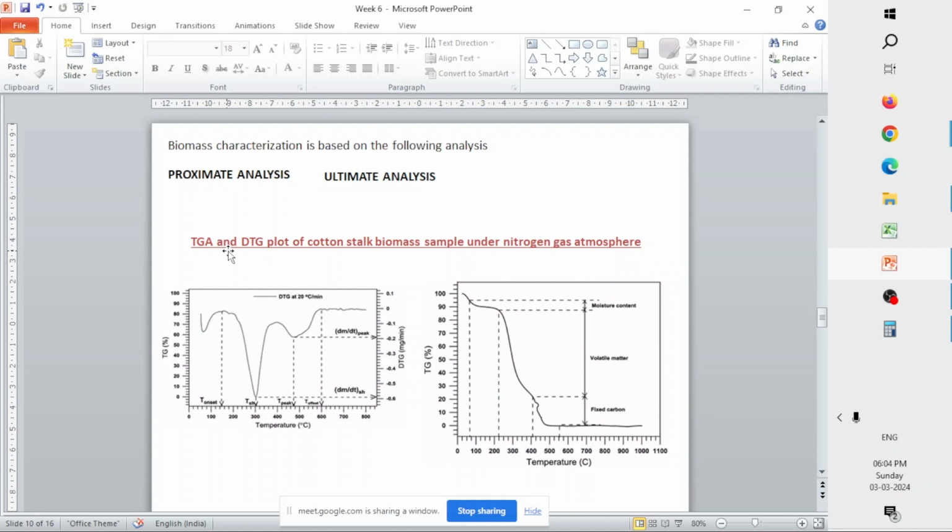All those come under proximate analysis. So there are a variety of ways to understand both proximate and ultimate analysis.